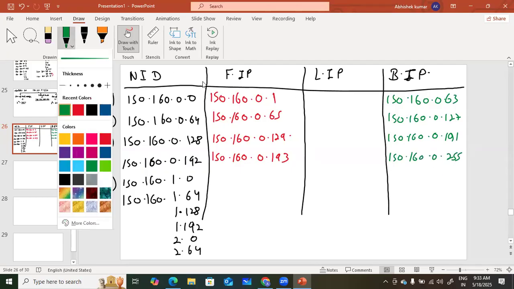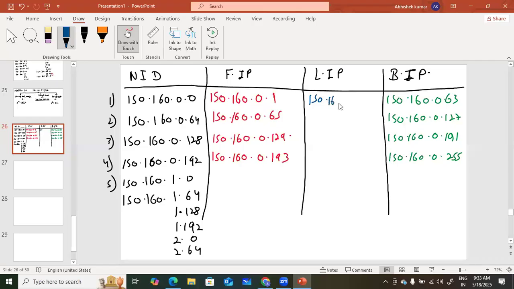And when I talk about the last IPs, they would be 150.160.0.62, 126, 190, 254. Otherwise, you guys can do it.